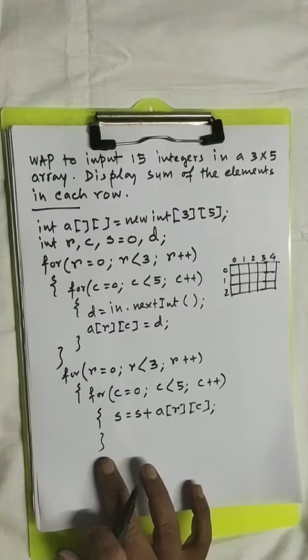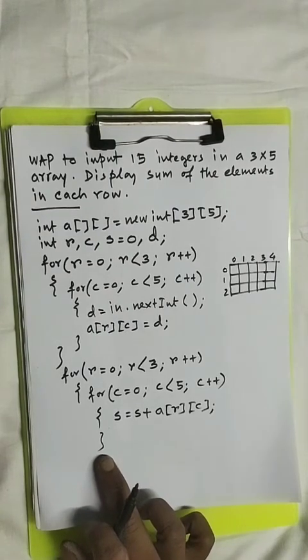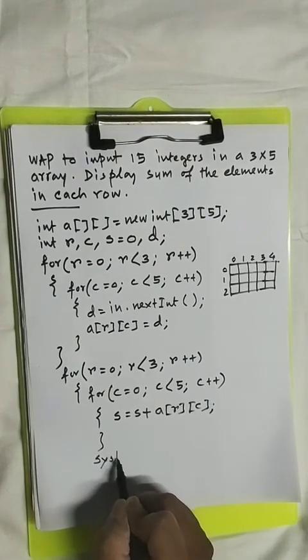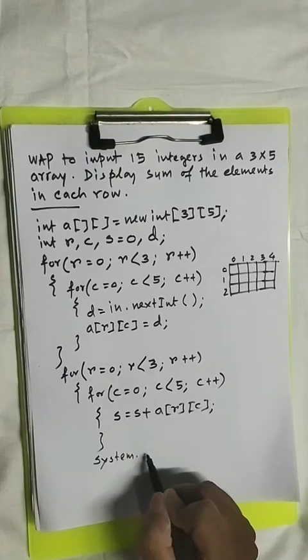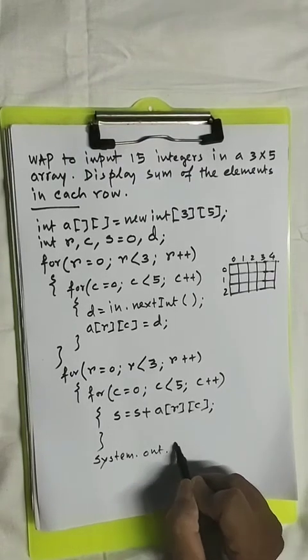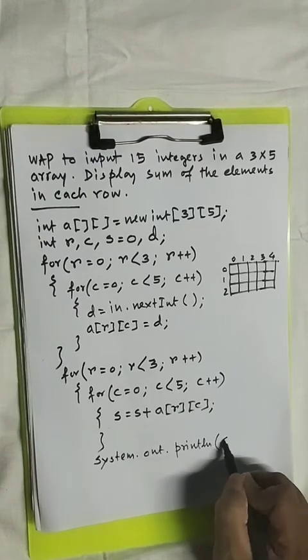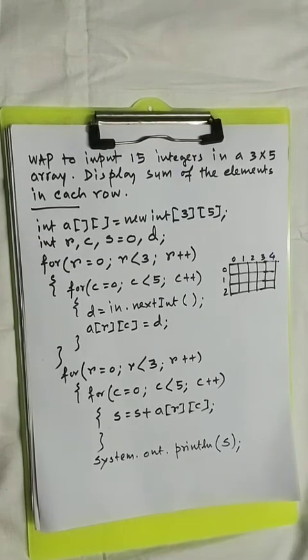So after completing this, we have already calculated sum of row number r. So we can print it. Sum of row number 0 is done.